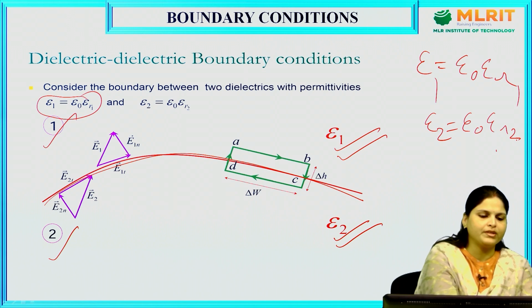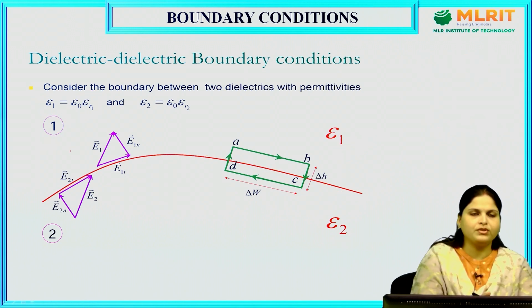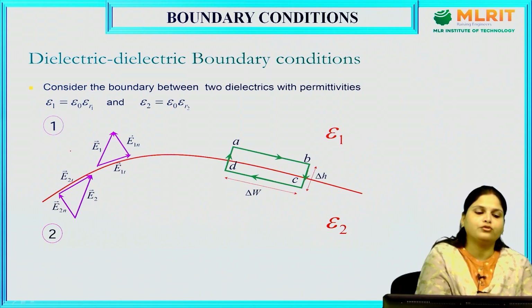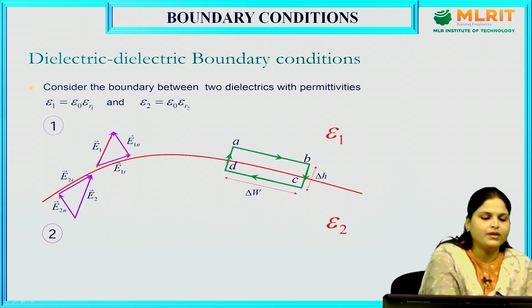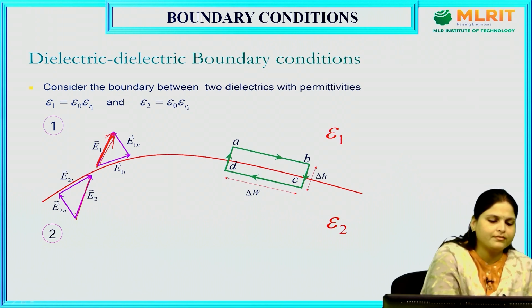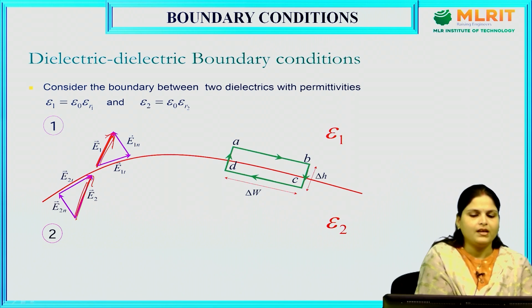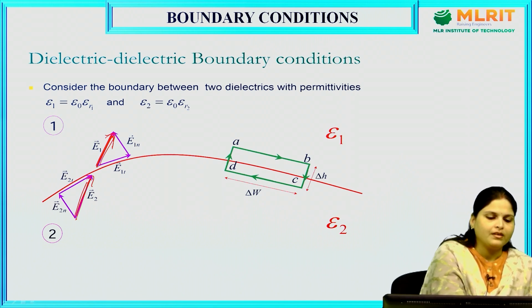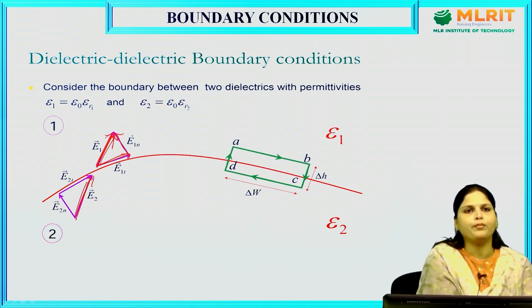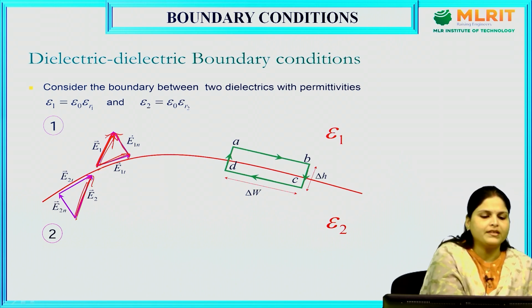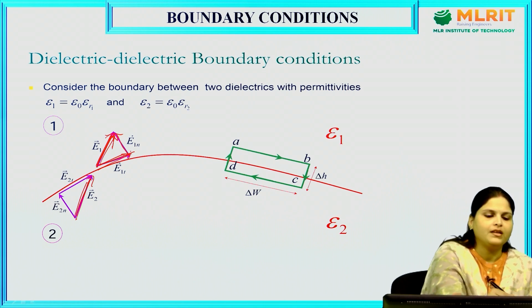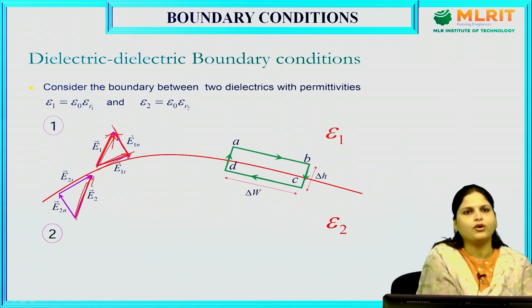Here if you notice, in these two different mediums we have two fields. The first one is E1 in the first medium, and another one is E2. Here we have resolved them into two components: a tangential component and a normal component.